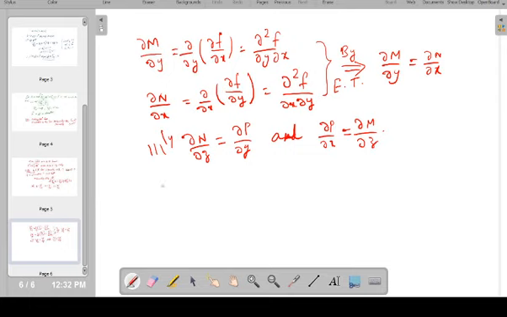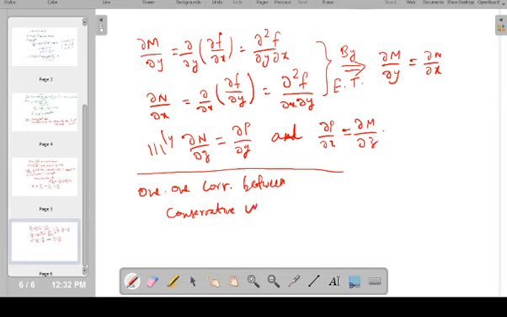So there is a one-to-one correspondence between conservative vector fields and exact differentials.